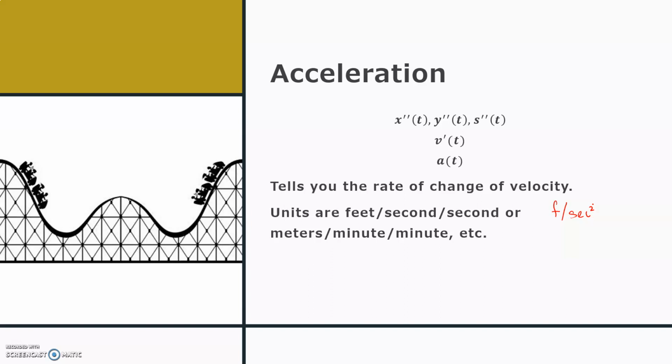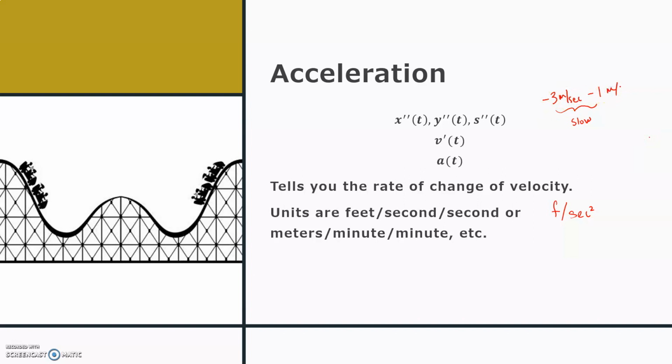Increasing velocity doesn't necessarily mean you're speeding up. Speeding up has to do with speed. It doesn't have to do with velocity. So if your velocity is -3, let's say, and it increases to -1, you actually slowed down. Let's write this as meters per second so you get some units on there.